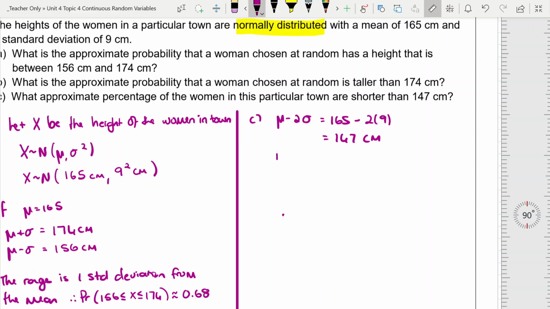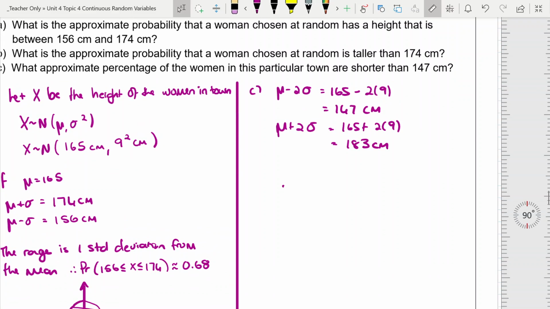That's 147. And mu plus 2 sigma is going to be 165 plus 2 times 9. And that's 183 centimeters. Cool. So now we know that we're sitting within 2 standard deviations. So we know that our probability of the woman's heights falling within those 2 is about 95%.